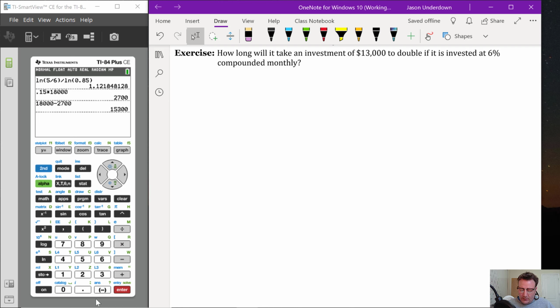So we want to use the compound interest formula, which is, let's recall that, the account balance as a function of time, A of t, is equal to A, which is the principal, times 1 plus the percentage rate divided by the number of compounding periods per year, raised to the k times t, the number of compoundings in total.